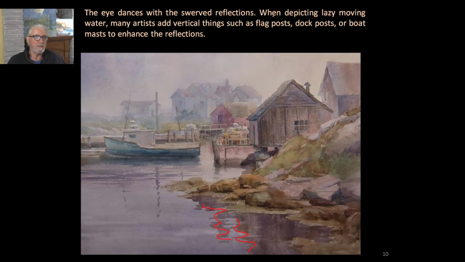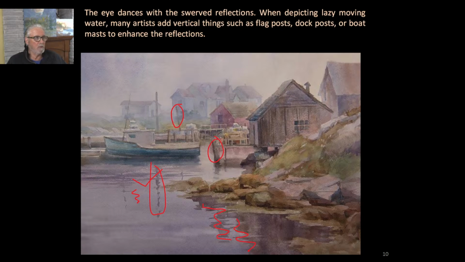When depicting lazy moving water, many artists add vertical things such as flag posts, flag post here, dock posts, or boat masts, which is this one, to enhance the reflection. So you can create that zigzag effect.